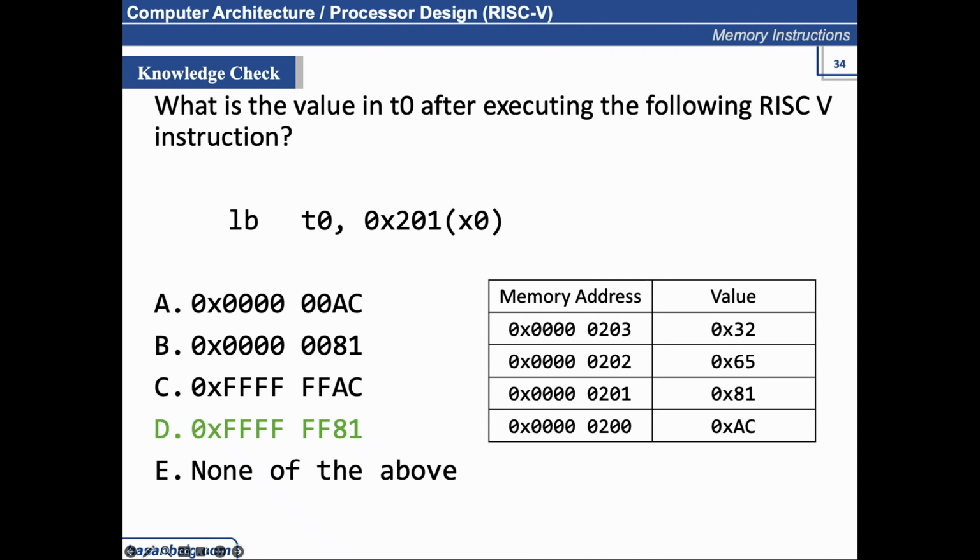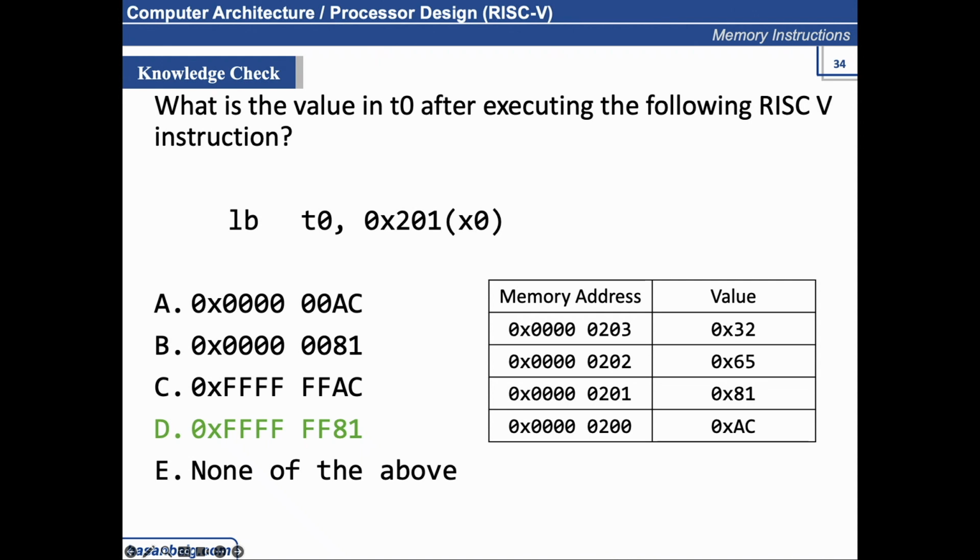Good question. Can you explain where the F comes from again? F corresponds to all ones. If I explain it here, 81: what does 8 correspond to? 1000, so the 1 corresponds to a negative number. I said LB is used to copy a byte and represent it as sign extended data.